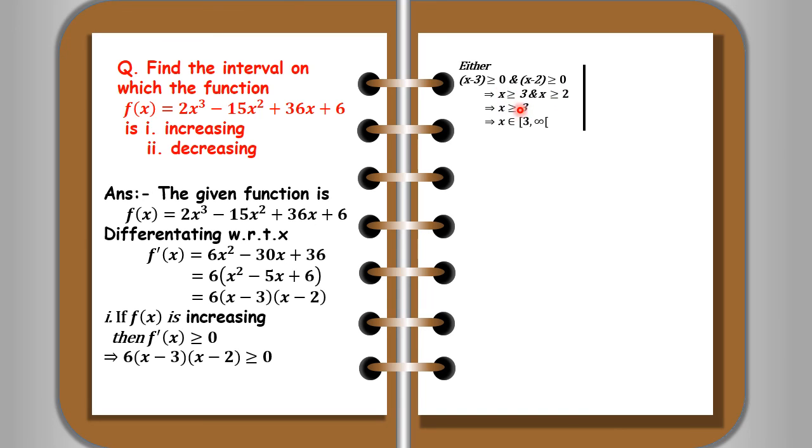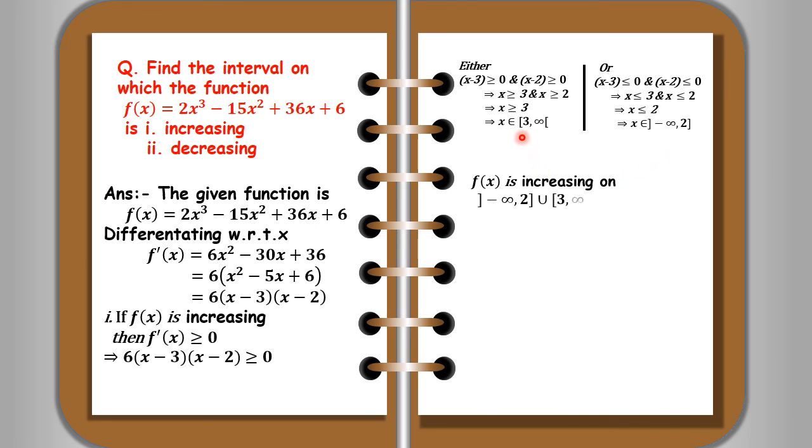That means in R the range is from 3 to infinity. And if both are negative, that means x is less than or equal to 2, so the range is minus infinity to 2. In these two intervals, the function is increasing.